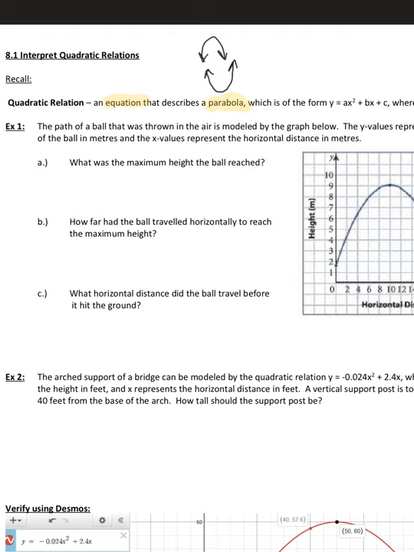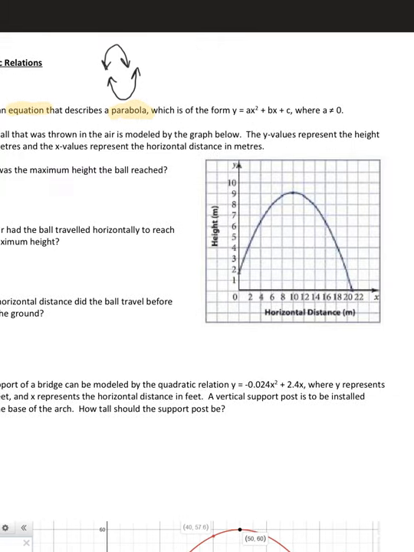And all of these parabolas, or all of these quadratics, will have this general formula. Just remember that we've seen general formulas before, right? We're used to seeing general formulas in terms of a line. One general formula that we have seen is the equation of a line, y equals mx plus b.